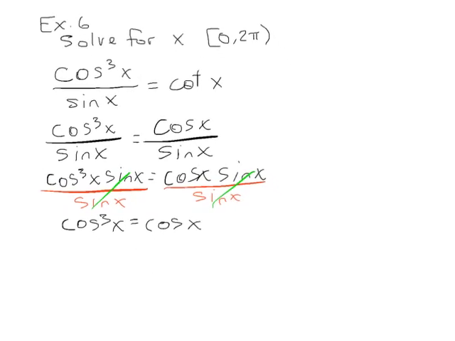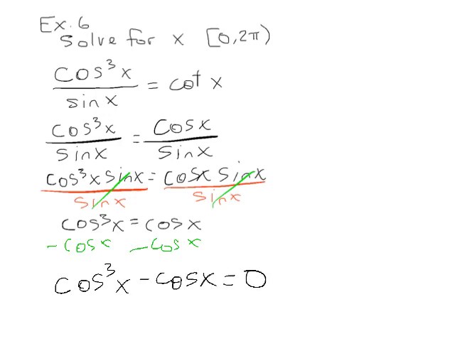Be careful here because you can't divide both sides by cosine x. That won't work. So what we're going to do is subtract this cosine x from both sides. And it's going to give us a new shape on our problem: cosine cubed x minus cosine x equals 0.